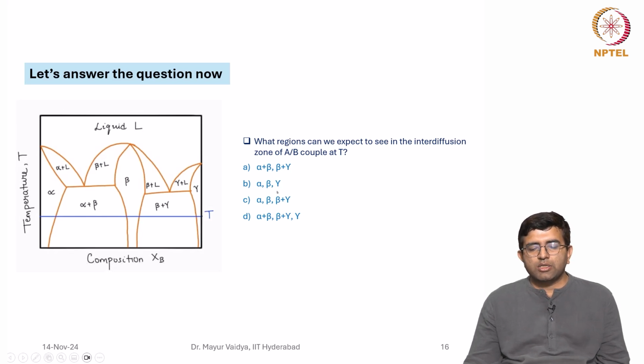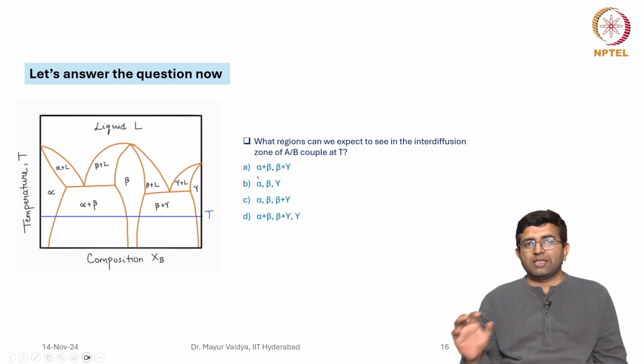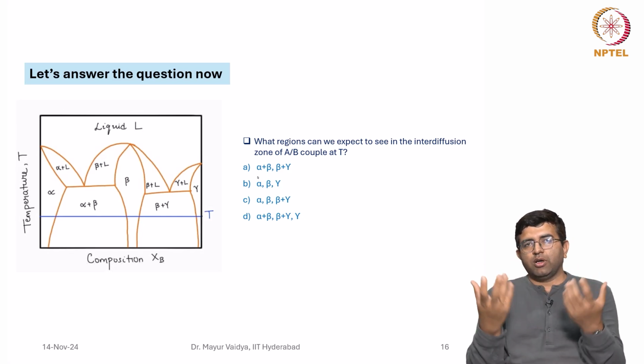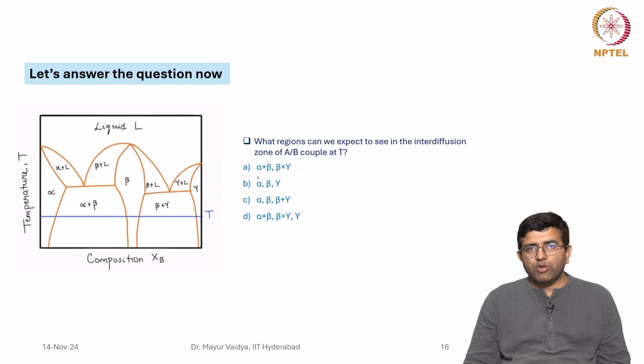So the correct answer is alpha, beta and gamma. Again, it is not necessary that alpha, beta and gamma, all 3 should grow. It depends on the actual kinetics of each of these phases, but you will not see a phase mixture. Now the question is, why is it so?